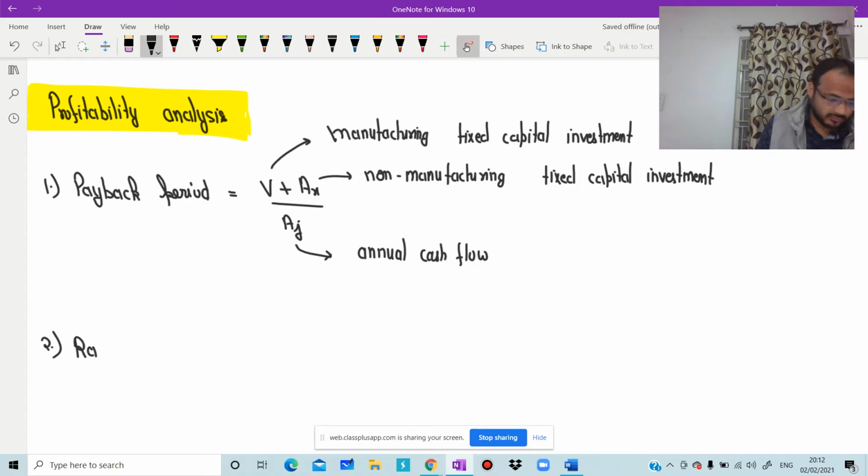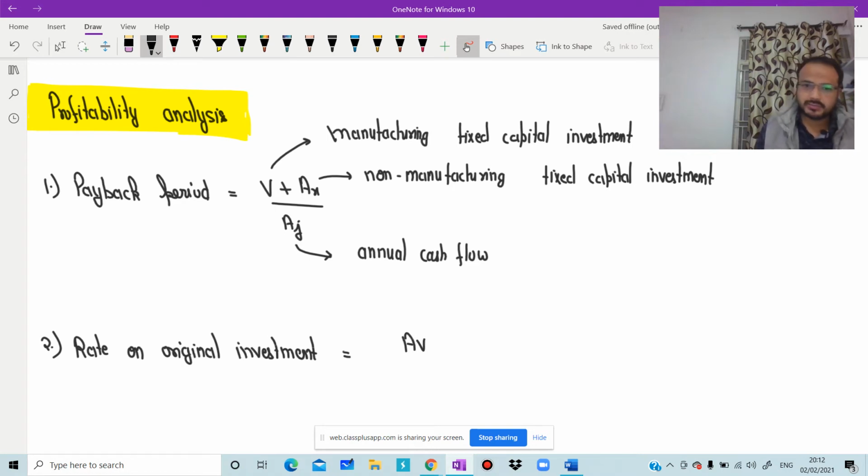Second one is rate on original investment. This is also known as DuPont method or engineer's method.